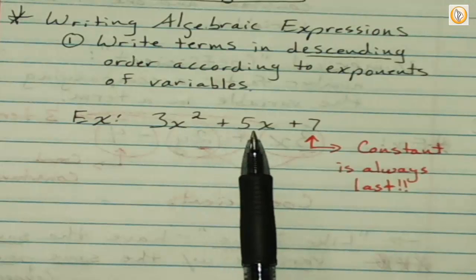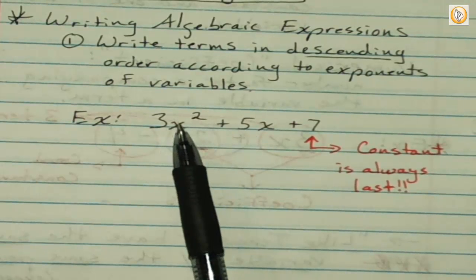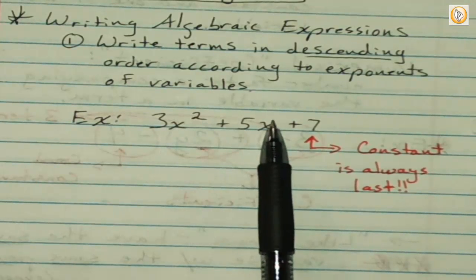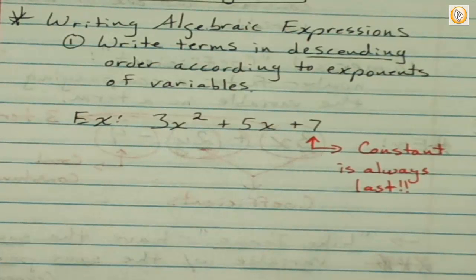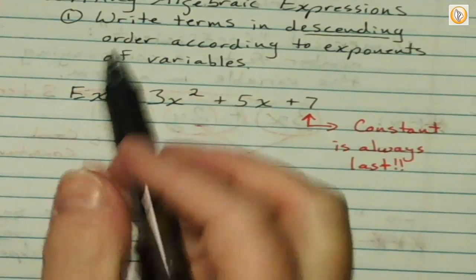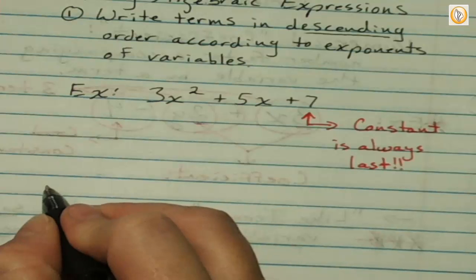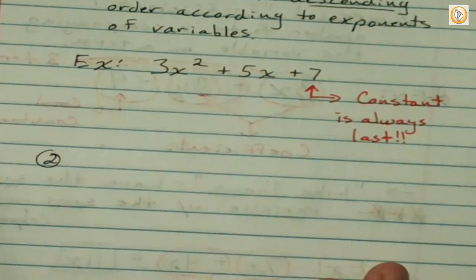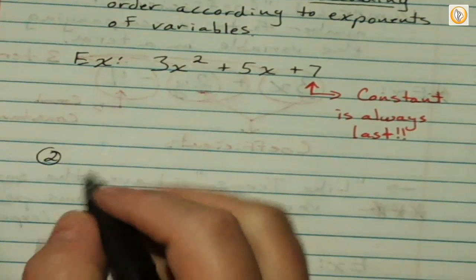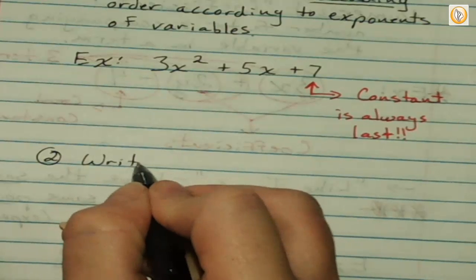This is not a like term, but it's in descending order. This is x squared, this would be x to the 1 power, so it has to be written this way. So isn't that your answer? Yes, but you have to write it in this way. Can you write the one above it? Yeah, absolutely. Well, you still get it correct.